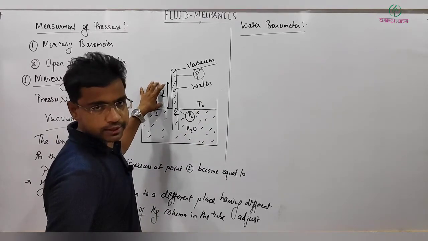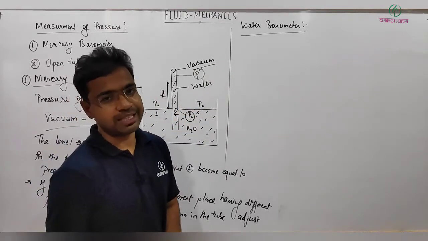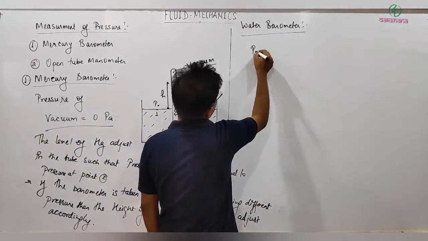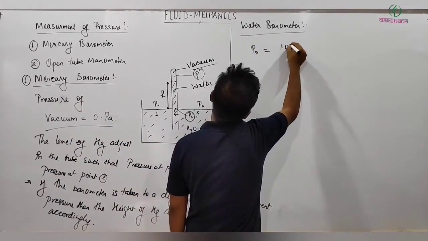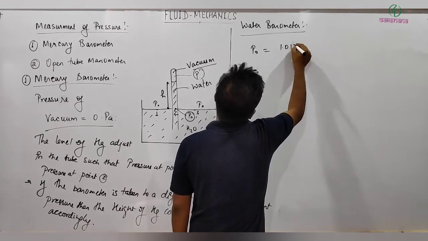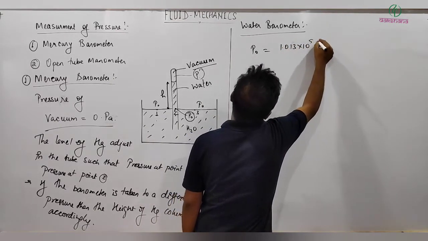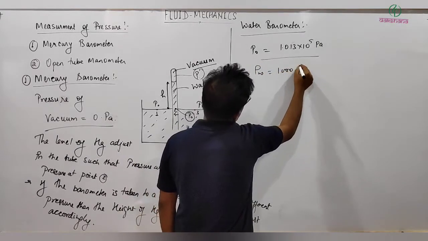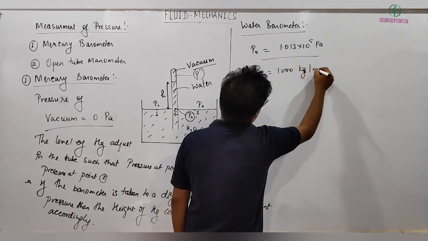Let's suppose we have replaced the mercury with water here also, and we are trying to get the height. Let me calculate that mathematically. We know the atmospheric pressure P naught is equal to 1.013 into 10 raised to power 5 Pascal. Density of water is 1000 kg per meter cube.